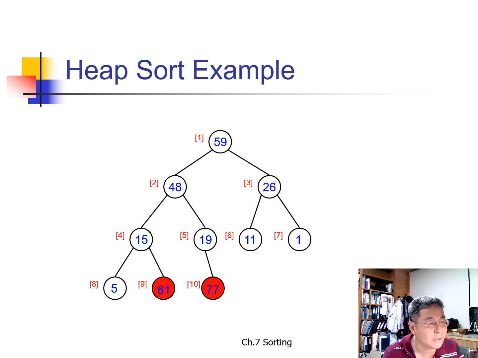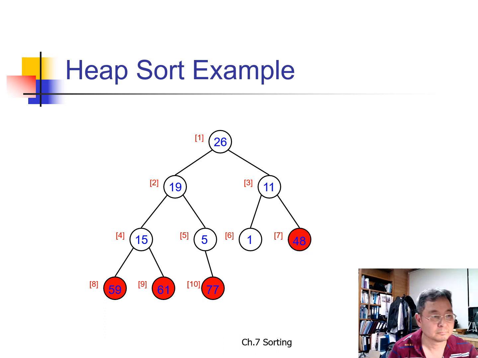In this way, we can continue to the end. Now 59 will be exchanged with 5 and then heapified. That result is here. And the next one is 48 and the last one is 1, so that is exchanged and heapified.